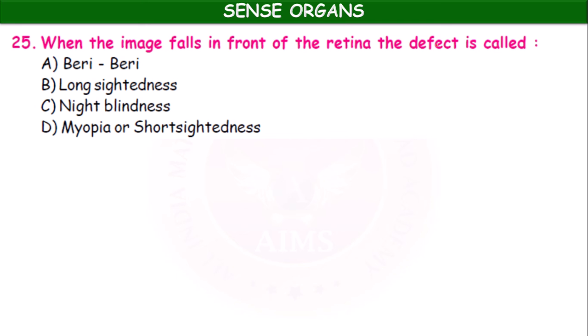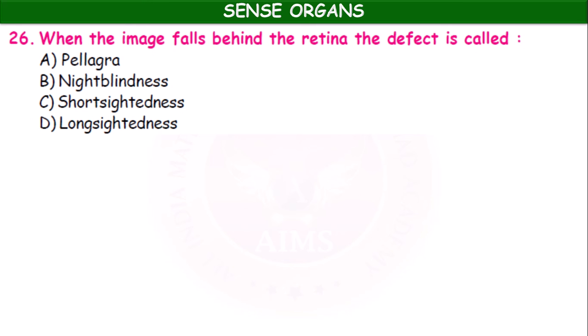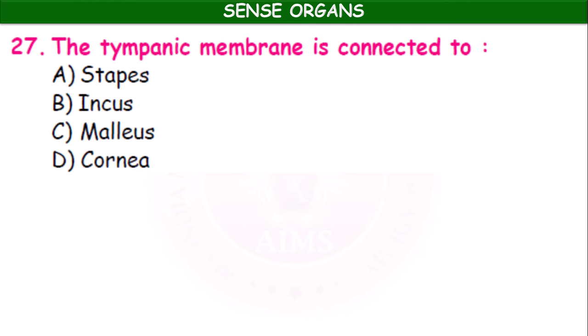So here, in front of the retina means it is short sightedness or myopia. When the image falls behind the retina, the defect is called pellagra, night blindness, short sightedness, long sightedness. It is long sightedness, opposite to short sightedness.